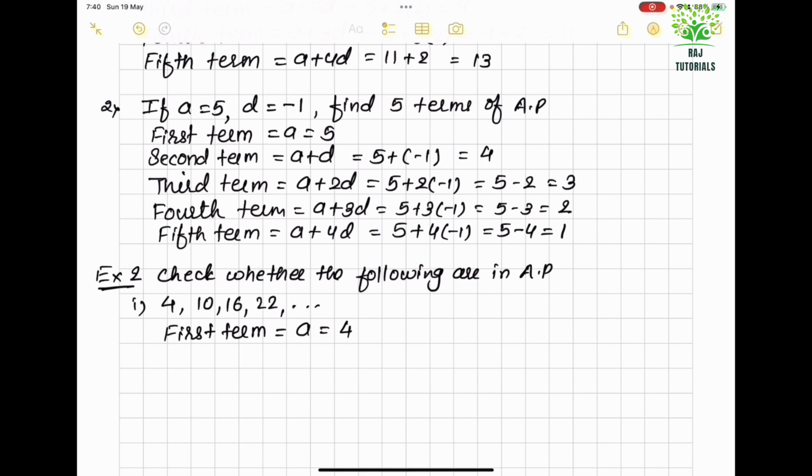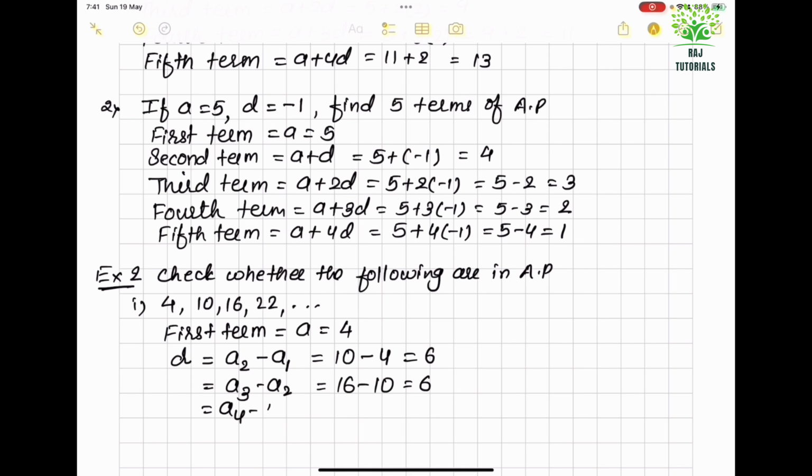Now I am not given D. So how can I find D? See, to find D, what I have to do? D equal to A2 minus A1, that is second term minus first term. So that will be 10 minus 4, so 6. Now for the third one, A3 minus A2, so I will get 16 minus 10, so that is also 6.